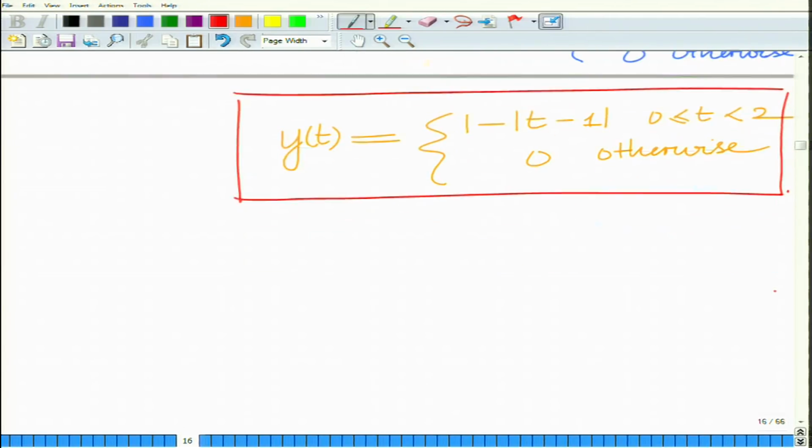So, this is the solution. This is the final solution. Let us now look at the next problem, which is that of a periodic convolution between two periodic signals.